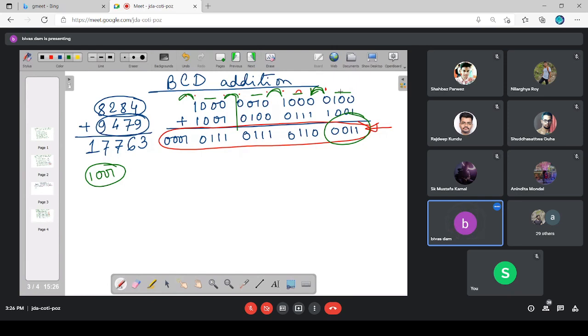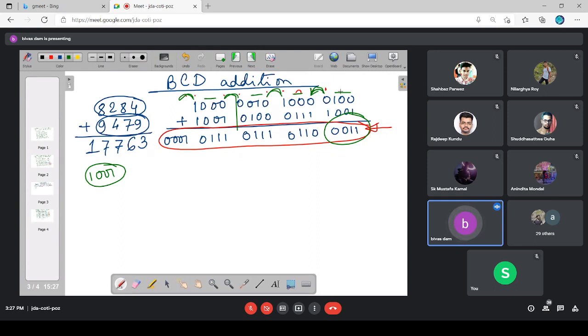I repeat. If any of these two is found to be true, that means either one carry was generated from this nibble to the next higher nibble, which I can find out from the special marking, or the value of this particular nibble is greater than 1001, then what I'll infer is that the result obtained is not the correct result.